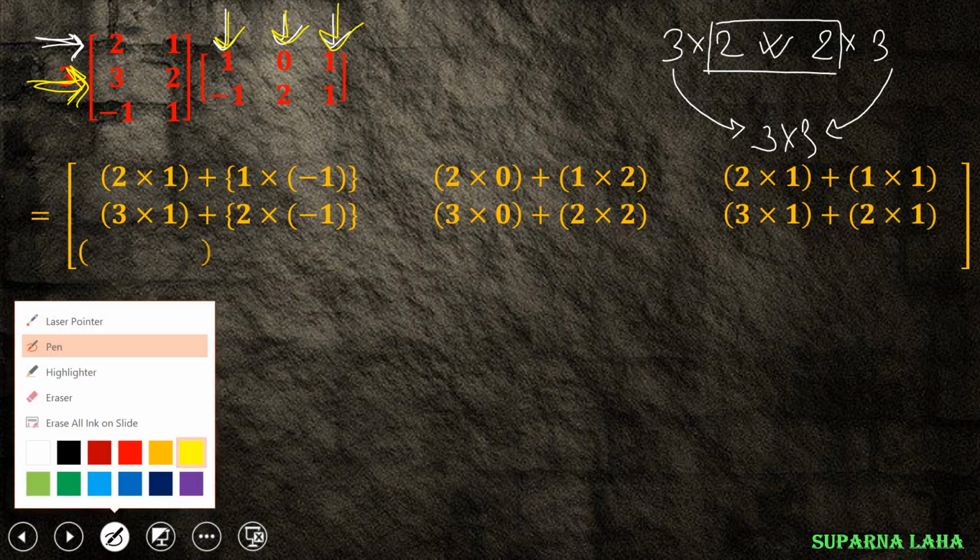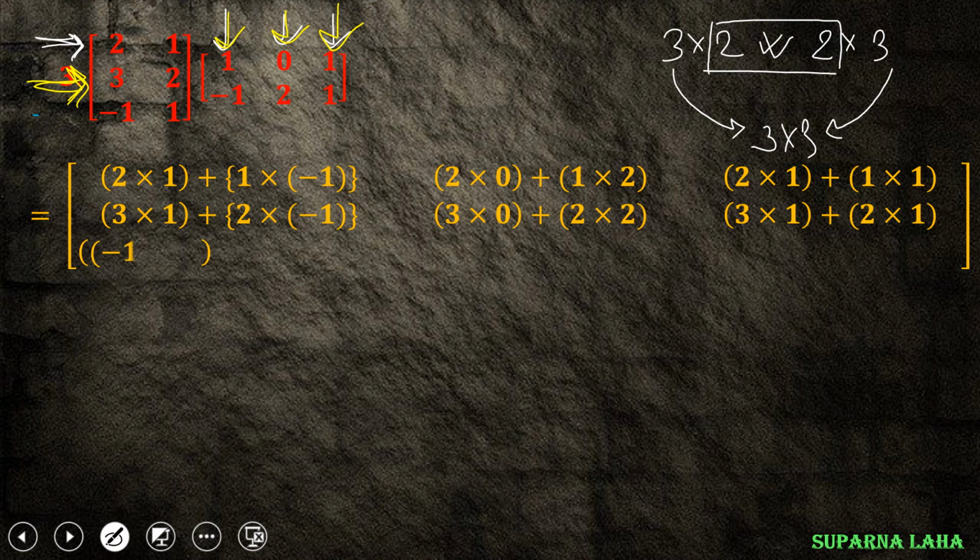Okay. Now third row, first column, minus 1 into 1 plus 1 into minus 1. Third row, second column, minus 1 into 0 plus 1 into 2.